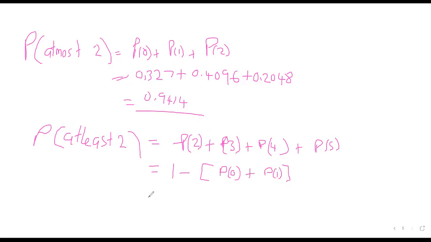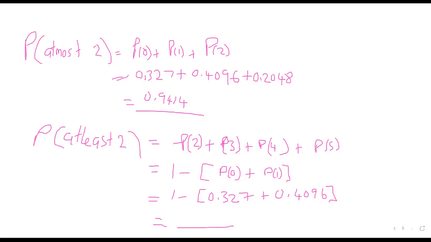Because we know the total probability must add up to 1. So add the probability of 1 and 0, then subtract the total from 1. So what are you getting? 0.2634. That is how we find the probability.